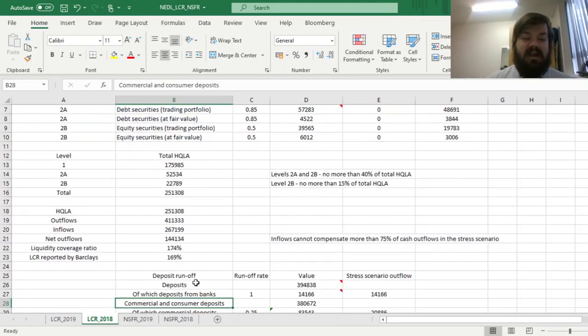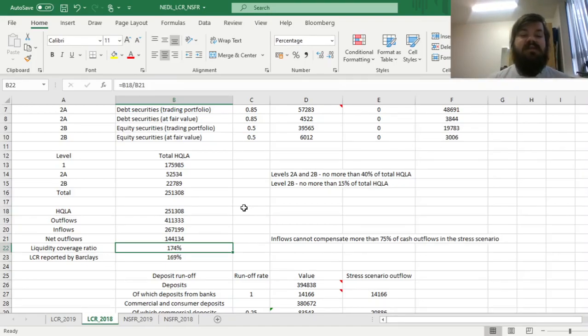We can see here that the liquidity coverage ratio calculated with proxies in 2018 was 174%, which is even closer than the one we obtained for 2019 to the actual reported value of 169%. Again, reinforcing the accuracy of this methodology overall.